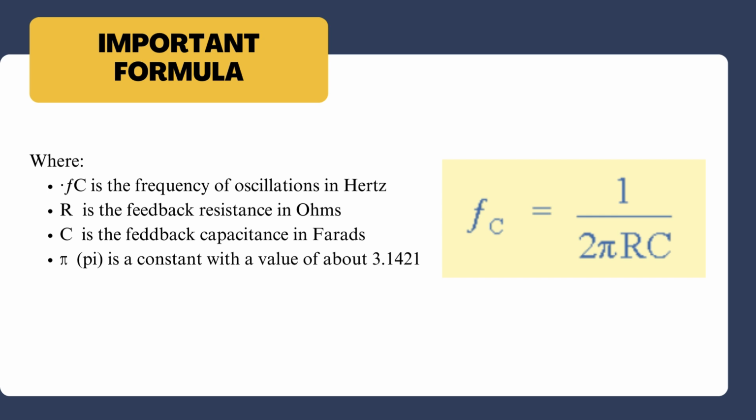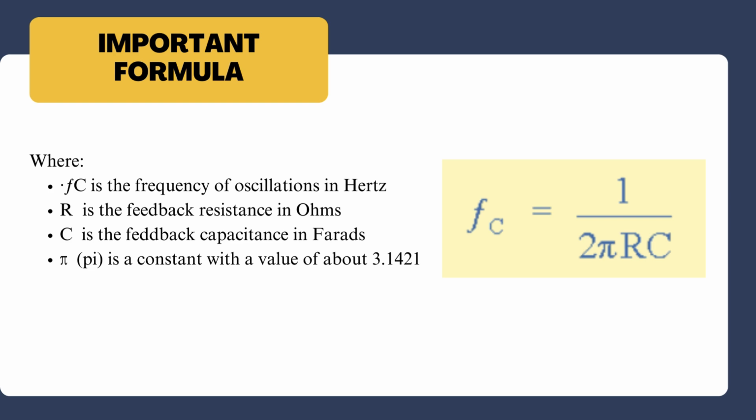Now, let's break down the fundamental formula for the frequency of oscillation in the twin-T oscillator. fc equals 1 over 2 pi RC. fc is the frequency of oscillation in hertz. R is the feedback resistor in ohms. C is the feedback capacitor in farads.